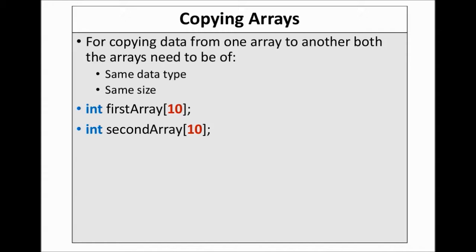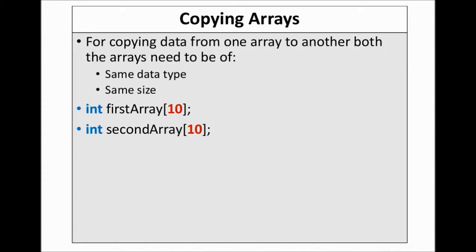How to copy one array into another array? For copying data from one array to another, both the arrays need to be of the same data type and same size.